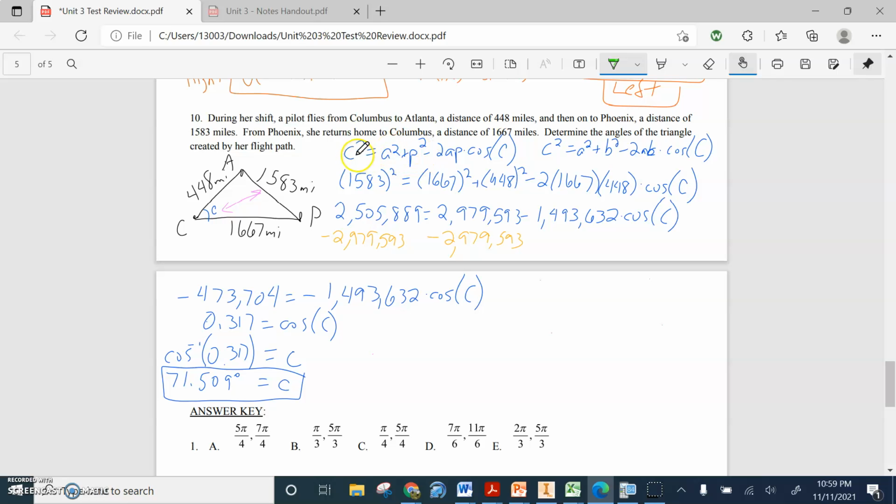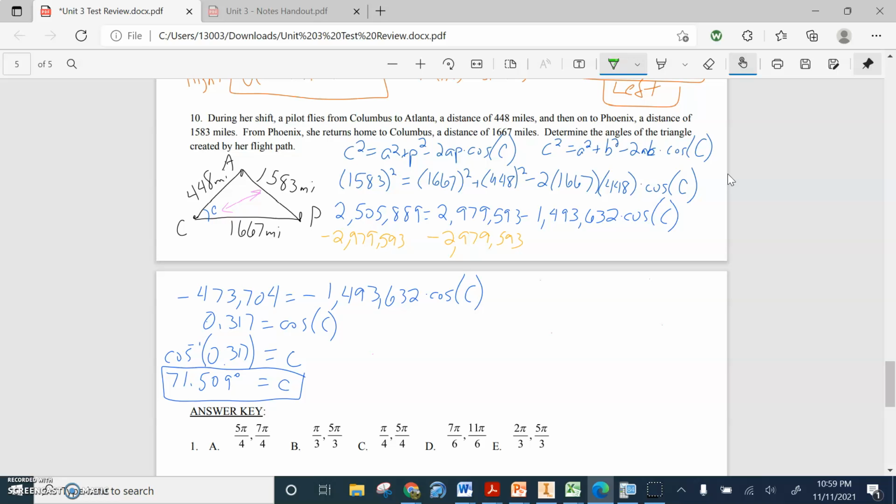So we write the equation such that the side c corresponding to angle c, we call that 1583. So 1583 squared is equal to the other two sides squared, 448 squared plus 1667 squared.